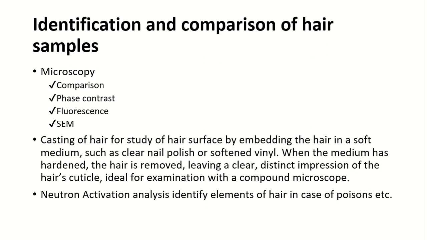When the medium has hardened, the hair is removed and it leaves its pattern on that medium. This casting is used for examination with a compound microscope. Neutron activation analysis identifies elements in hair, in case of poison or other things.